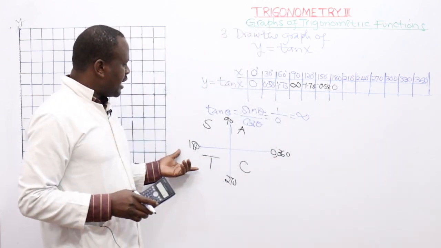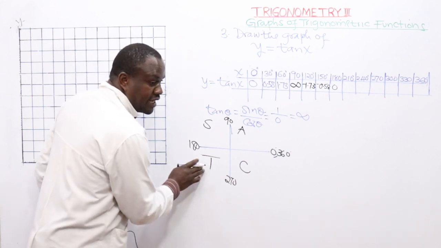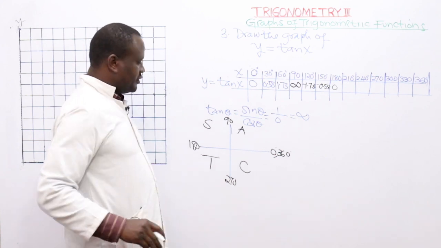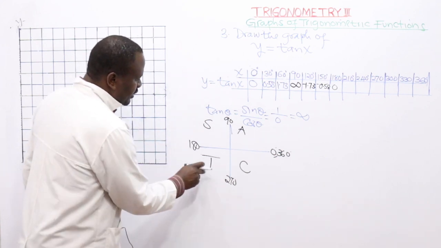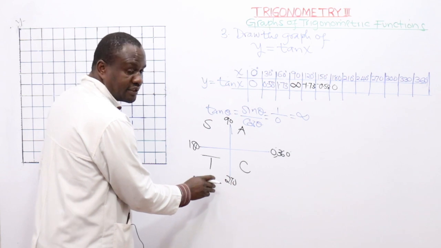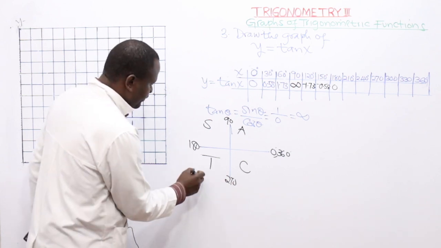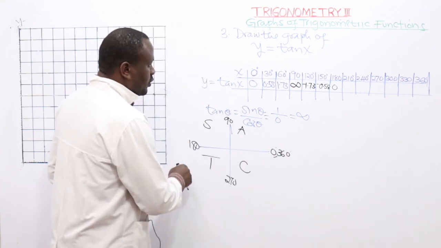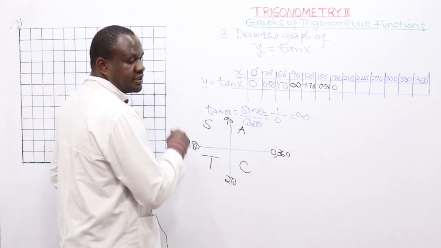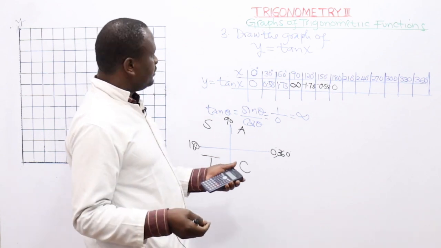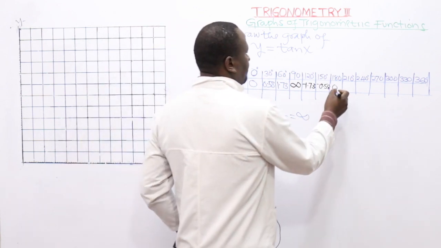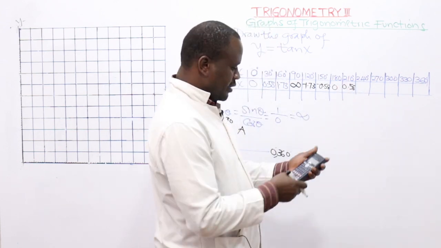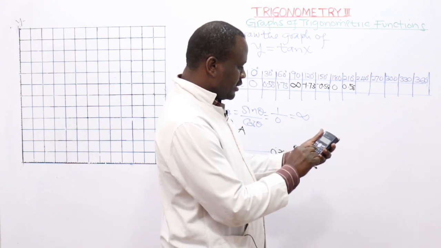Now we are in the third quadrant. Here, tan is positive. Because tan is sine, which is negative, over cosine, which is negative, you get positive. So here, we say 210 minus 180 is 30. The tan of 30 is 0.58, and it is positive. And there's no problem of using the calculator.